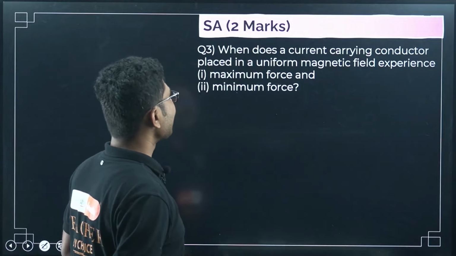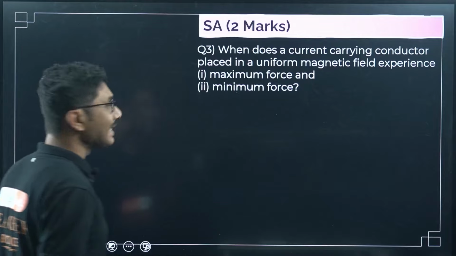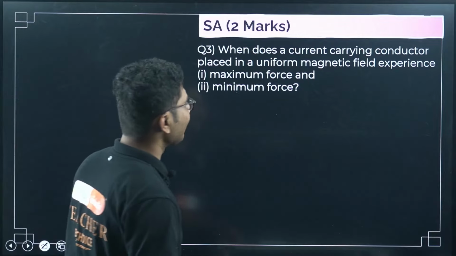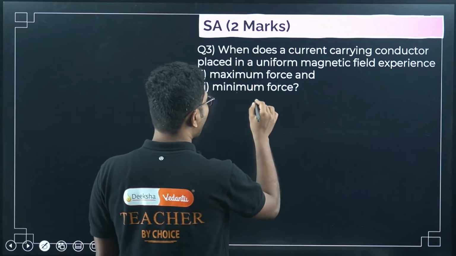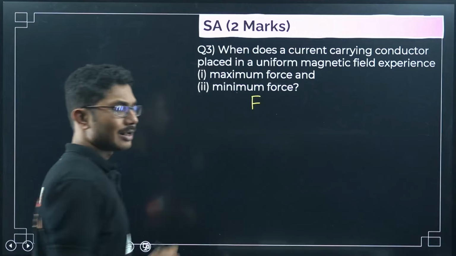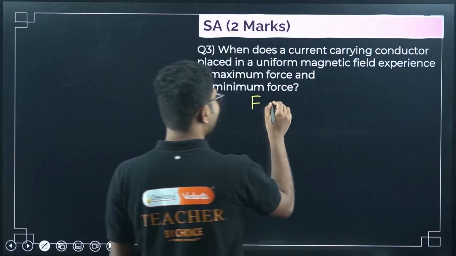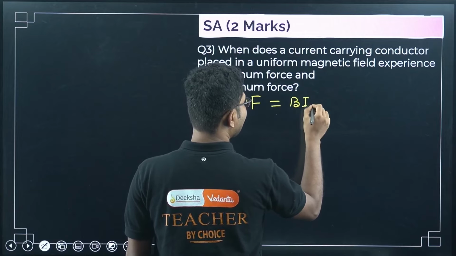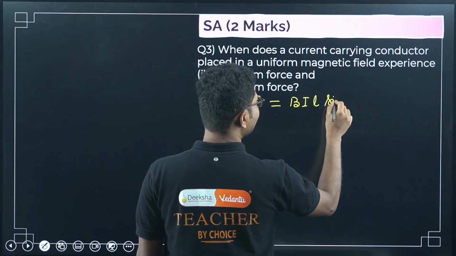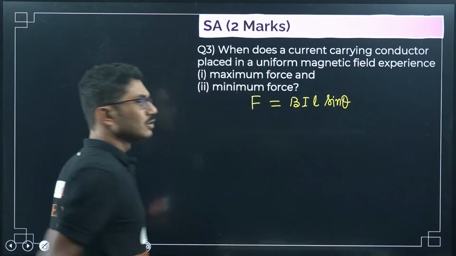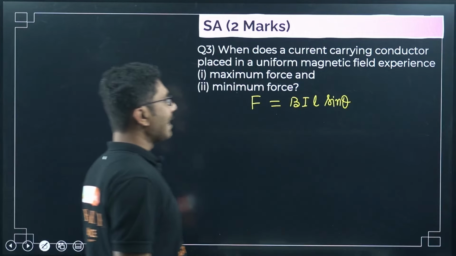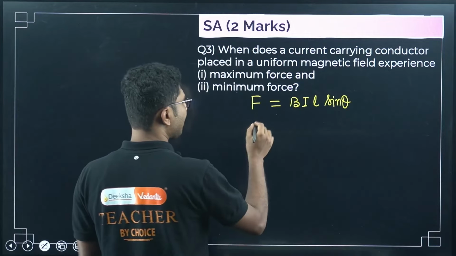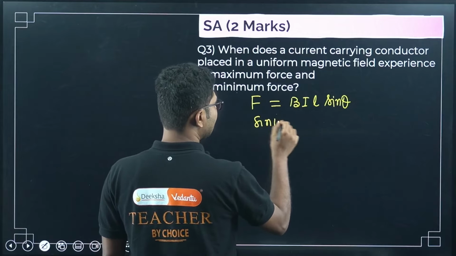So what is the question? Current carrying conductor placed in a uniform magnetic field. So force acting on a current carrying conductor placed in a uniform magnetic field is given by BIL sin theta. Okay, so BIL sin theta, and we know that the force will be maximum when sin theta equals 1.